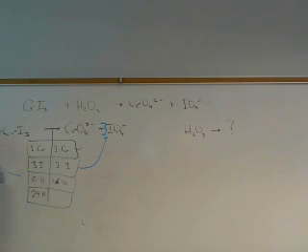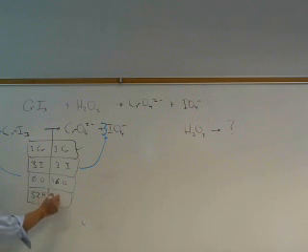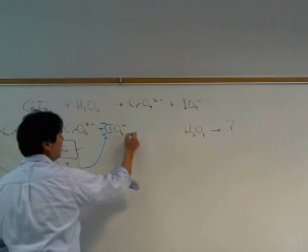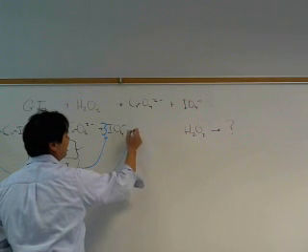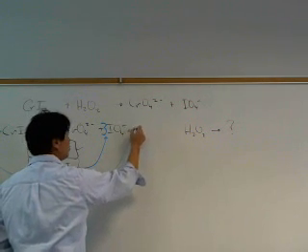And so we'll need 16 waters. Okay, so that gives us 32 hydrogens on the left. How many on the right? 0, so we need to add 32 H pluses.